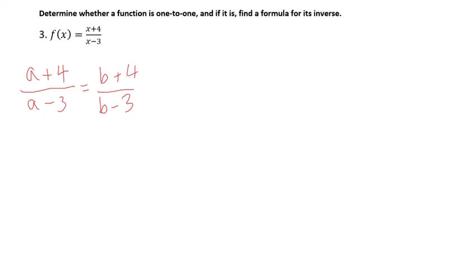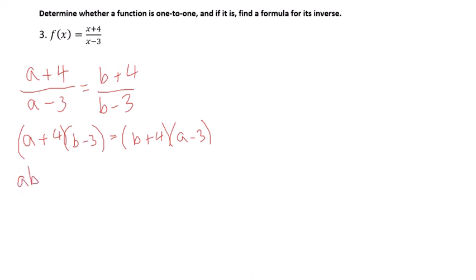Now we're going to multiply by the denominator of both, or cross multiply, however you want to look at it. So you get a plus 4 times b minus 3 equals b plus 4 times a minus 3.